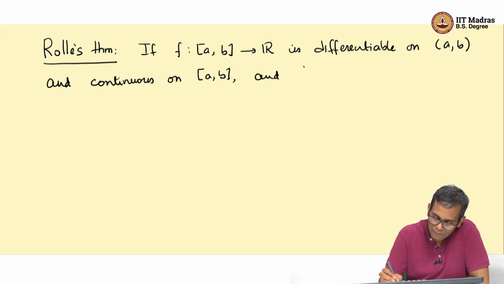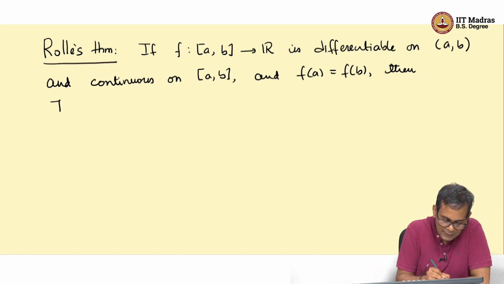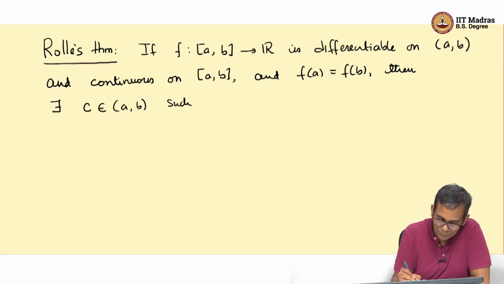And f(a) is equal to f(b), then there exists a point c strictly between a and b for which f'(c) is equal to 0.